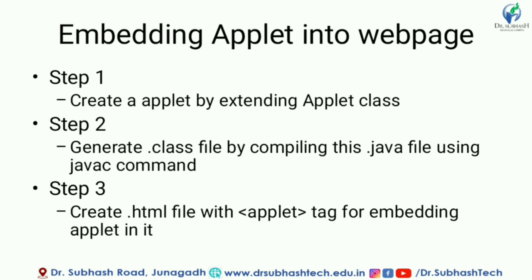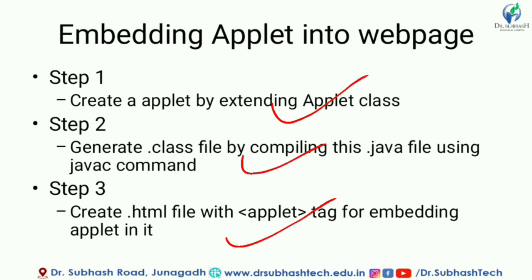And these are the steps which can be followed for embedding the applet into a web page. First is creating the applet file, meaning the Java file. The next step is converting from Java to class file by compiling this file, and third is creating the HTML file, in which we will write the applet tag.